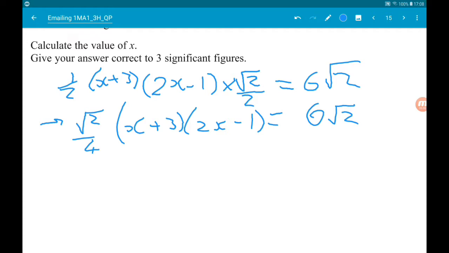So we get x add 3 times 2x minus 1 is equal to 6 times 4, 24.